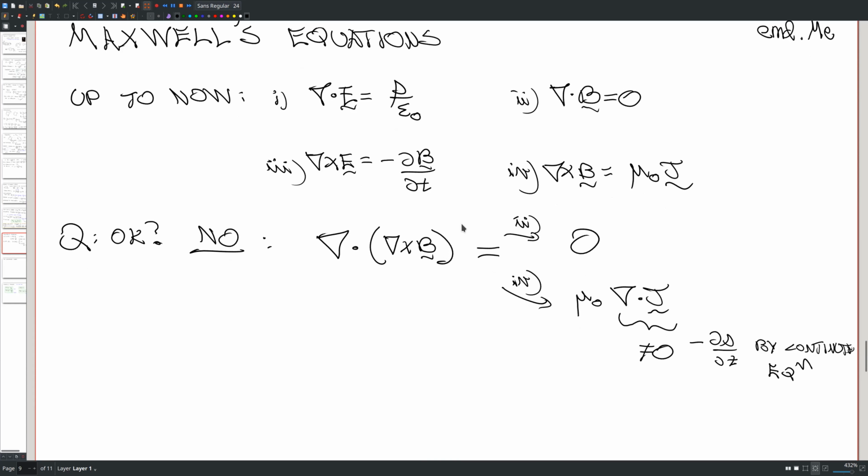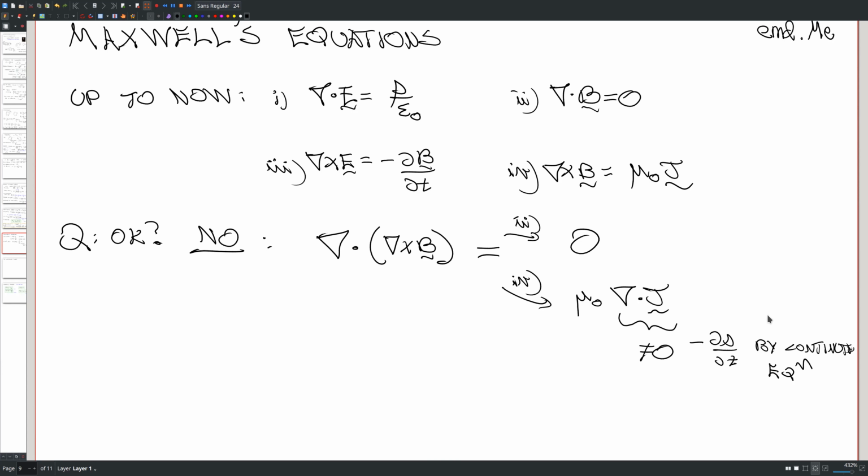The other equation, telling us the divergence of the curl of E, works out because we can just use the continuity equation, and that's going to give us the right thing. But this one doesn't work out.